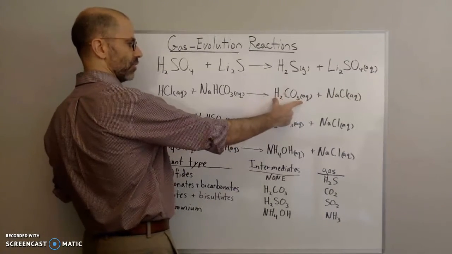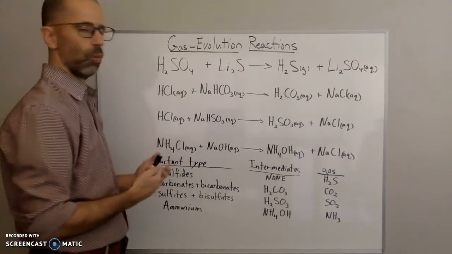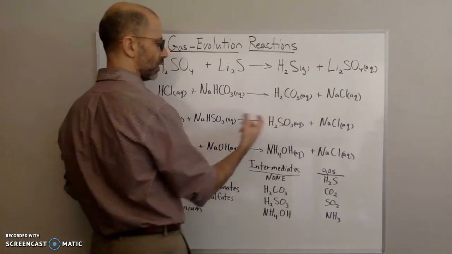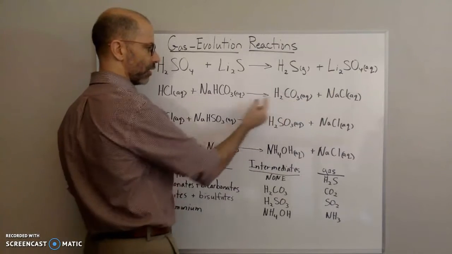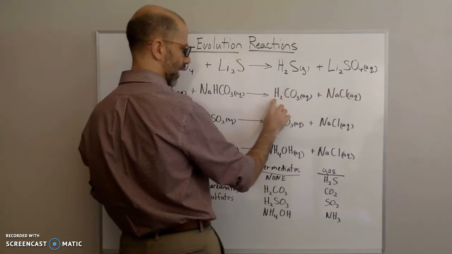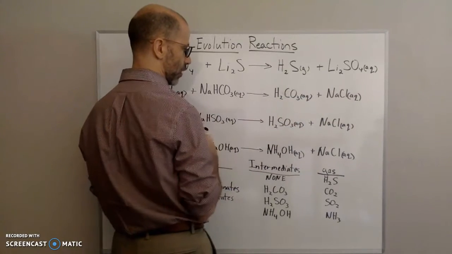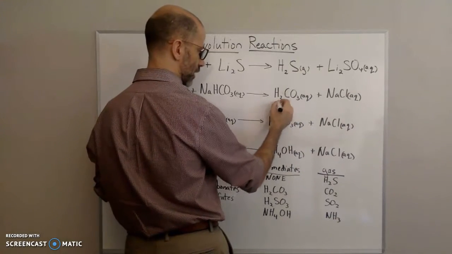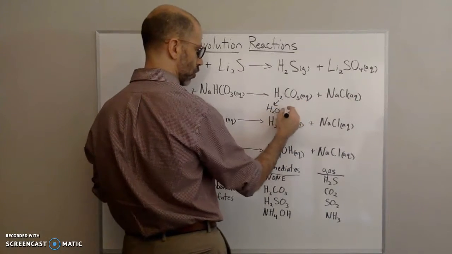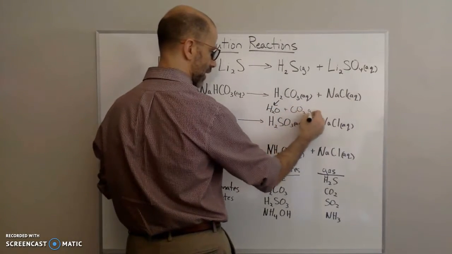Your carbonic acid can break down into water and a gas, carbon dioxide. In a lot of these, if you just subtract out the water, you'll get the gas. So if I subtract out H2O, I take out one oxygen and the two hydrogens, and that gives me my water, H2O, and what's left over is carbon dioxide gas.